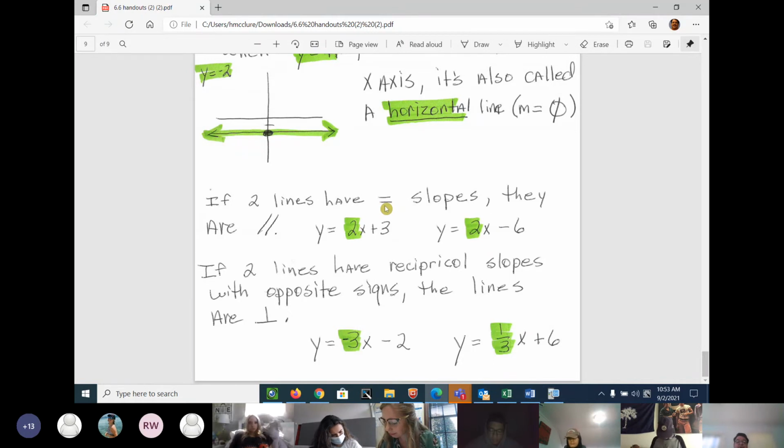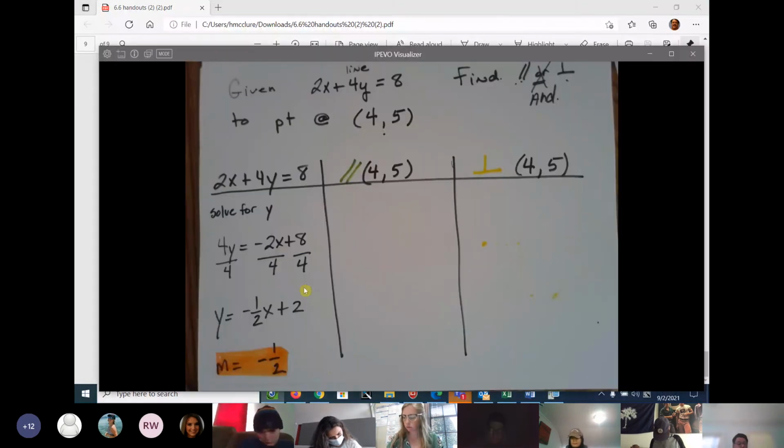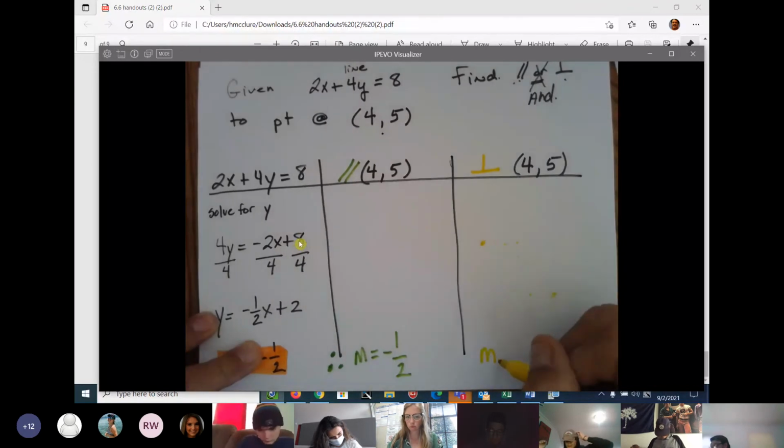What is the slope with perpendicular lines? Opposite sign reciprocal. So that means opposite sign reciprocal means that this slope is equal to what, somebody?